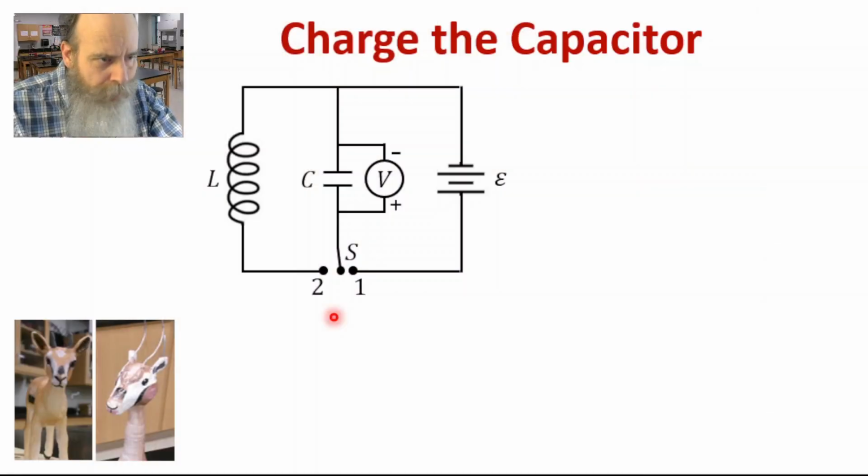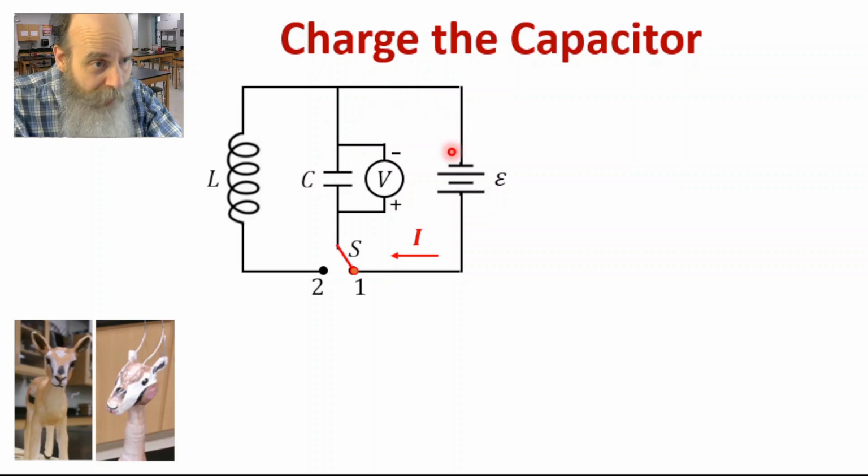At the beginning of the experiment, the capacitor is fully uncharged. Then the switch is moved to the right to position 1, connecting it to the batteries. When this happens, current starts to flow. It flows from the positive terminal of the battery through the capacitor to the negative terminal of the battery.